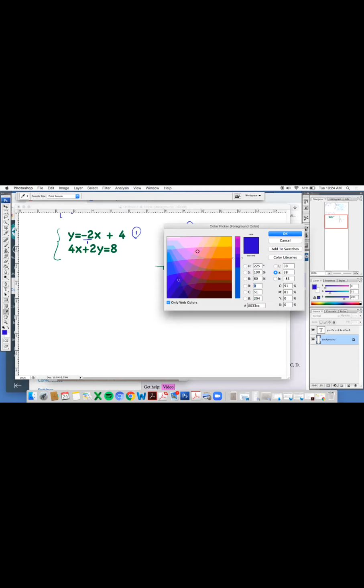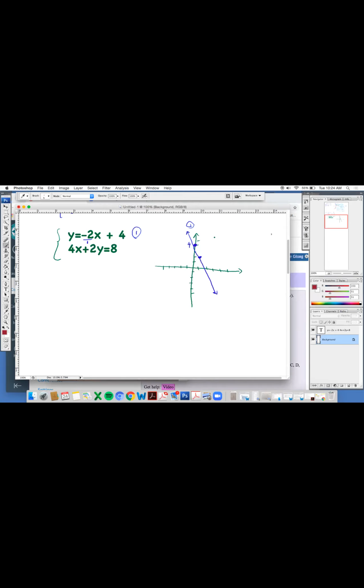All right, now let's look at the second equation. I'm going to solve it for y first. That means I'm going to subtract 4x. I get 2y equals -4x plus 8. Divide by 2.